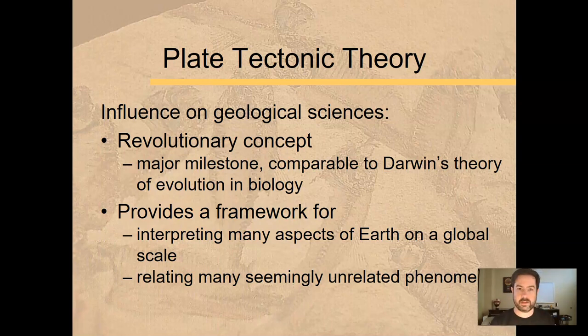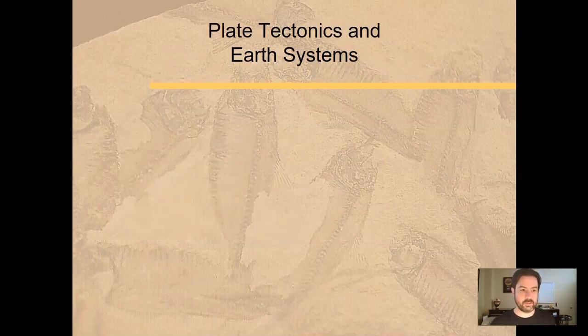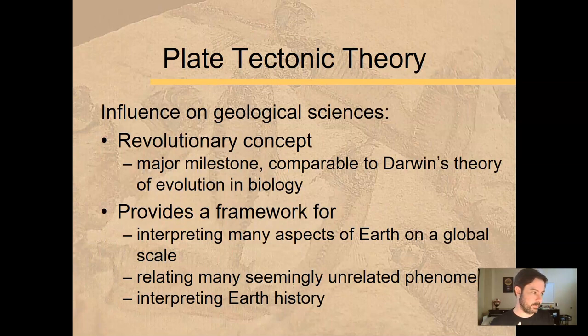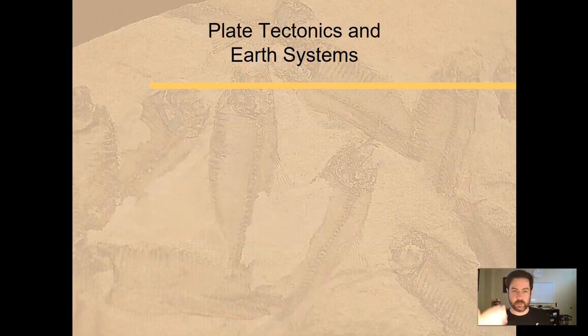So if all of that's changed over Earth's history, then things have changed, things evolve. So evolution isn't just necessarily a biological thing. Things change, things evolve. The universe has changed. The solar system has changed. The Earth has changed. That's what things do. They change. So plate tectonic theory, again, has really helped us to interpret Earth's history. Now we know the driving force behind all of this.